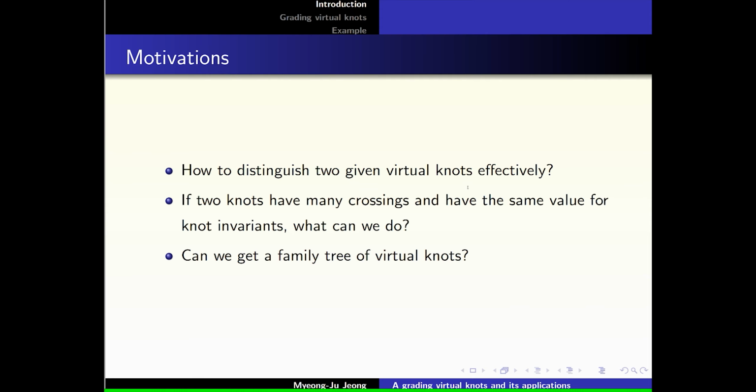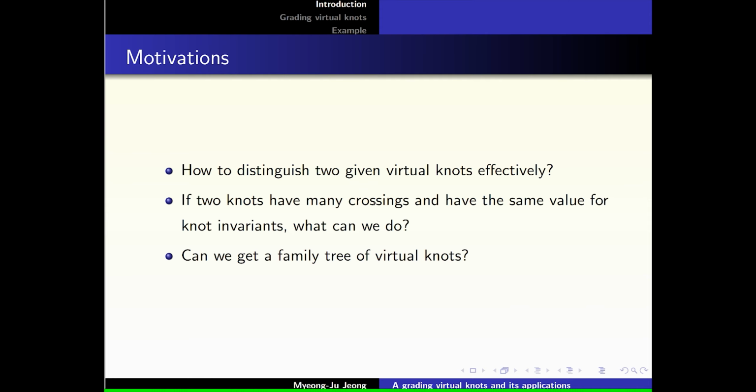we want to simplify the problem by using some structure of the virtual knot diagram. Actually, we will study grading of virtual knots in this talk. If two knots have many crossings and they have the same value for many knot invariants, then we will want to distinguish them by using another tool.